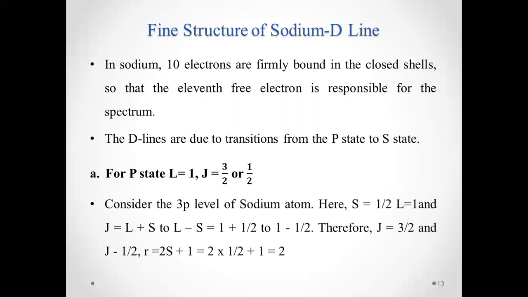Consider the 3p level of the sodium atom. Here, S is equal to 1/2, L is equal to 1, and J is equal to the sum of the two, that is L plus S, to L minus S, which means J can be equal to 1 plus 1/2 to 1 minus 1/2.